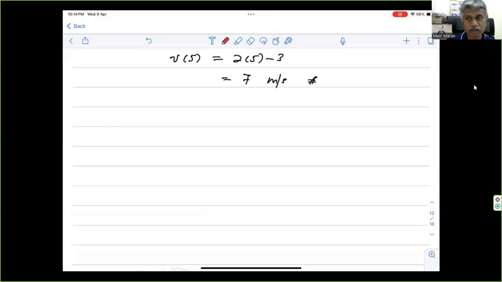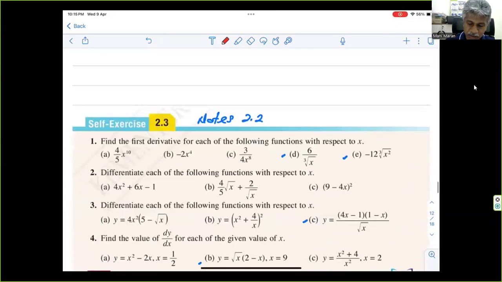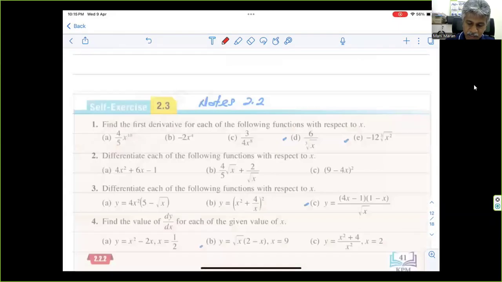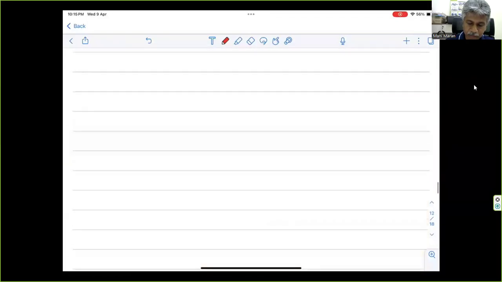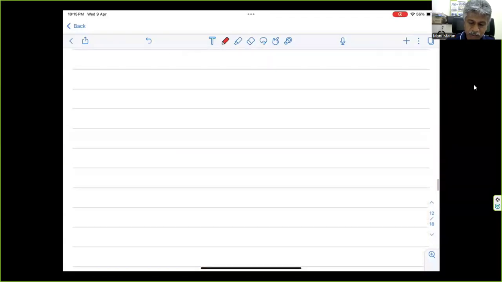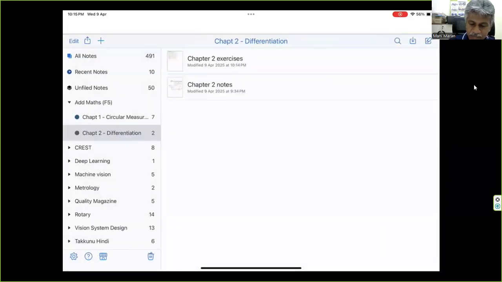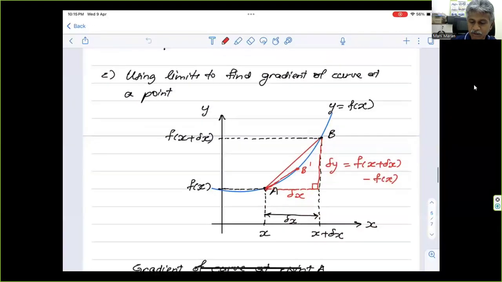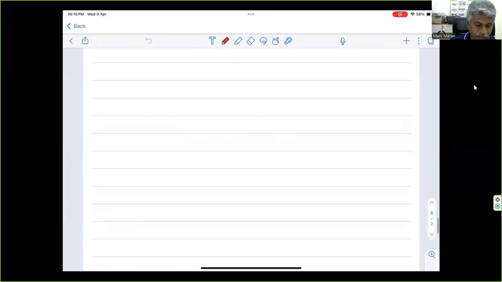Okay, so this is a very short section on direct differentiation before we look at 2.3. So we just continue, go back to your notes. I'll take you all back to the notes. So this is a very short section.